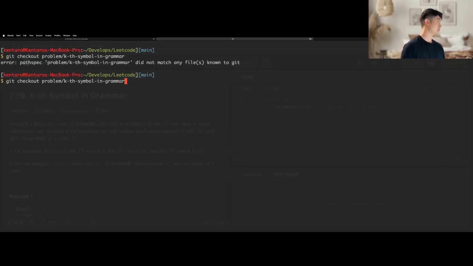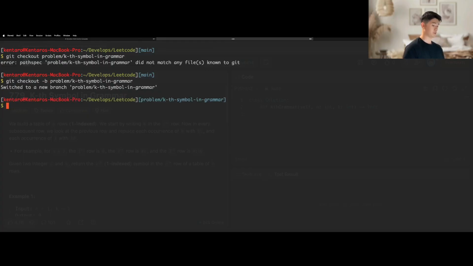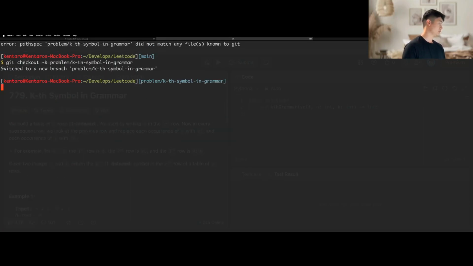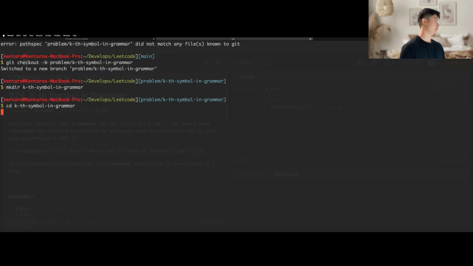So I need to create a new branch. And then make a directory, copy this string, put it, and move to the directory that I have just created.